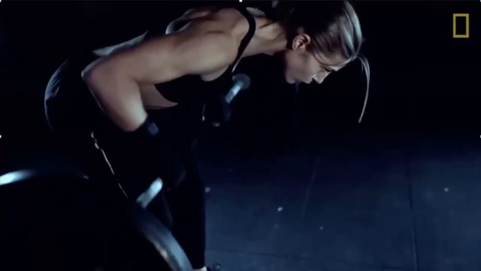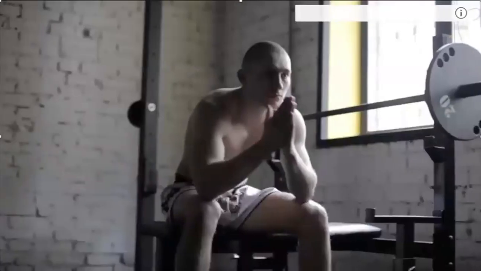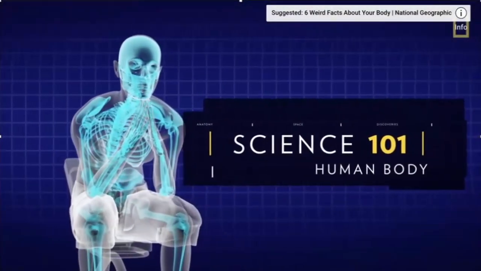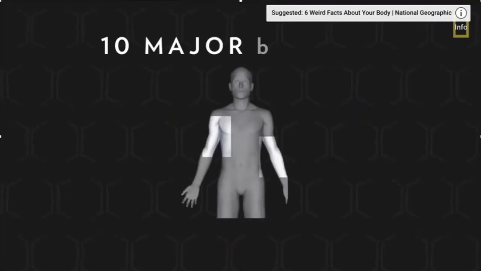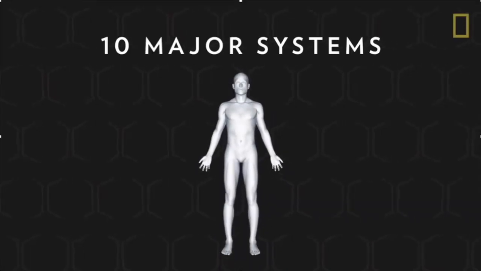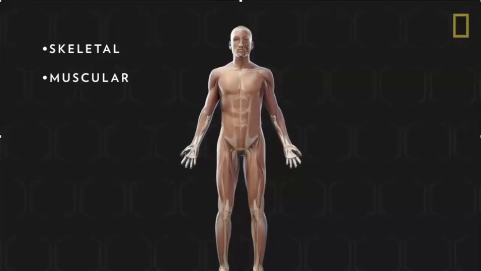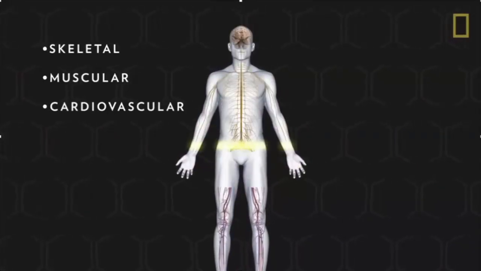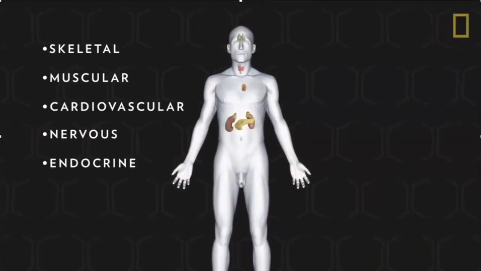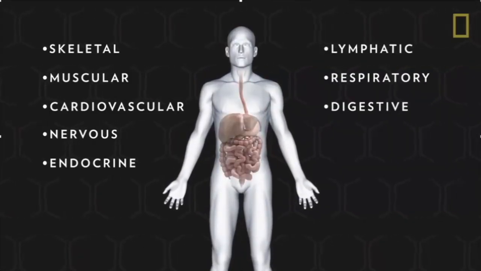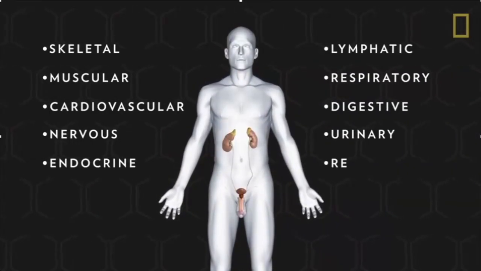The human body is a complex network of cells, tissues, and organs that together make life possible. 10 major systems are responsible for the body's functions: skeletal, muscular, cardiovascular, nervous, endocrine, lymphatic, respiratory, digestive, urinary, reproductive.